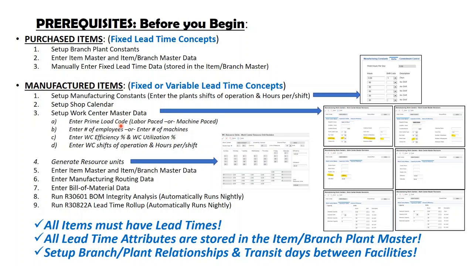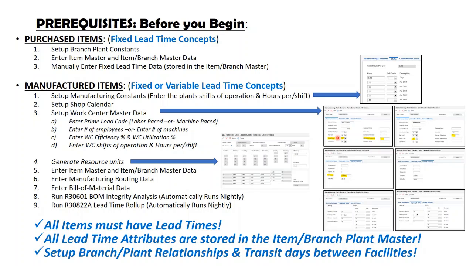Next, the user must be aware of each routing operation's work center master. Here are some key attributes the user must understand in the work center master. First is the prime load code. The prime load code of a work center determines whether the work center is a labor-paced or machine-paced work center.